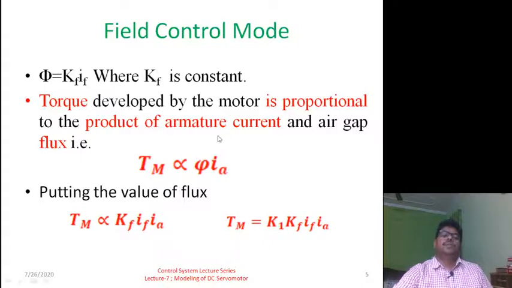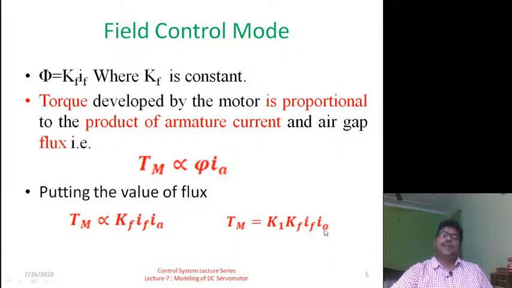In the motor, the developed torque is proportional to the product of flux and armature current. Here this flux is Kf If. So torque developed Tm equals K1 Kf If into Ia.